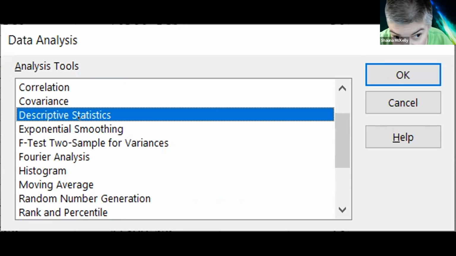It'll give you all the descriptive statistics for the column that you wanted. For example, I want the descriptive statistics for column E, so I'm gonna click OK. And then hopefully it's gonna tell me what. Let me share the screen again.